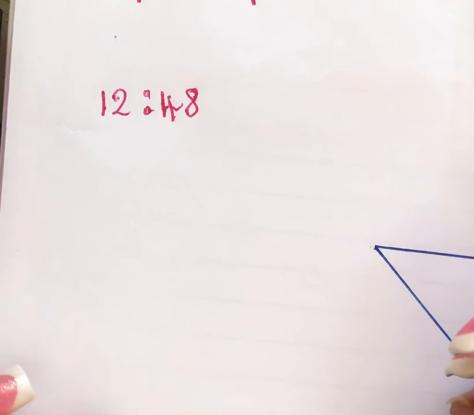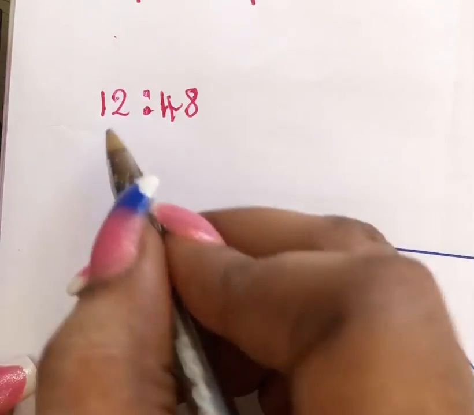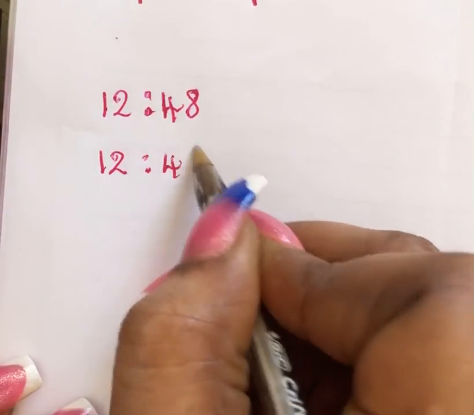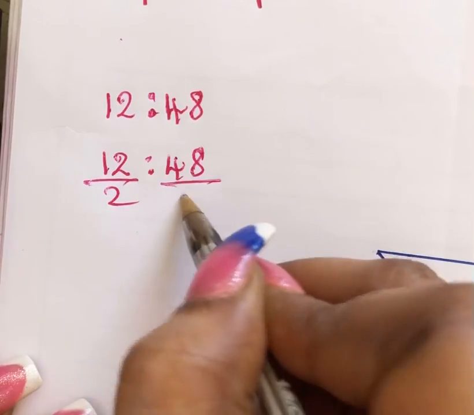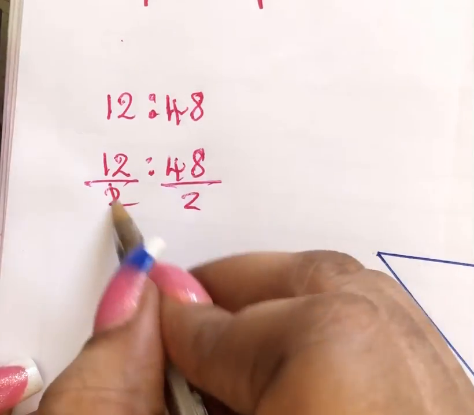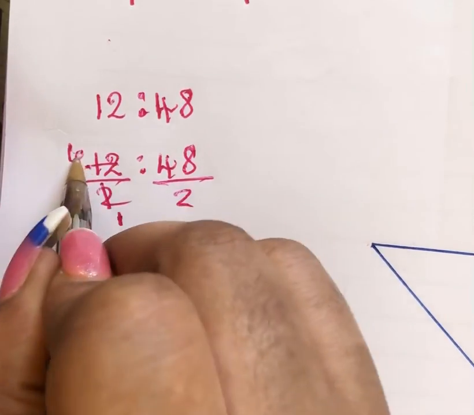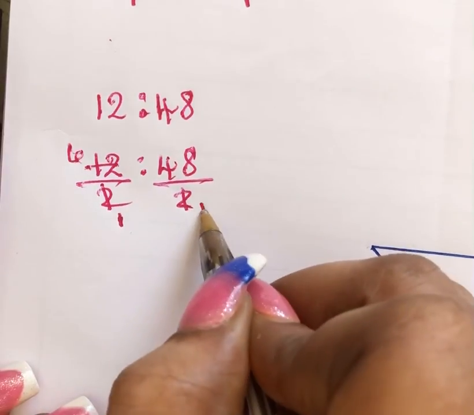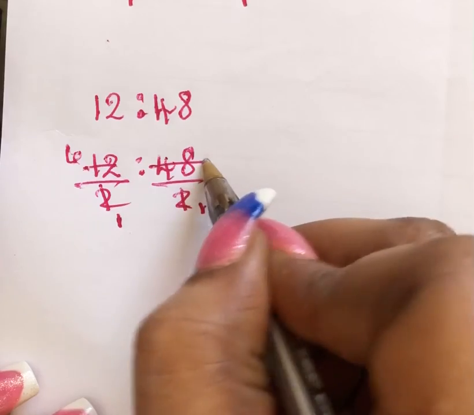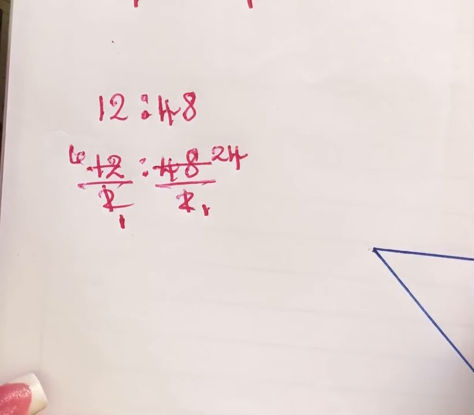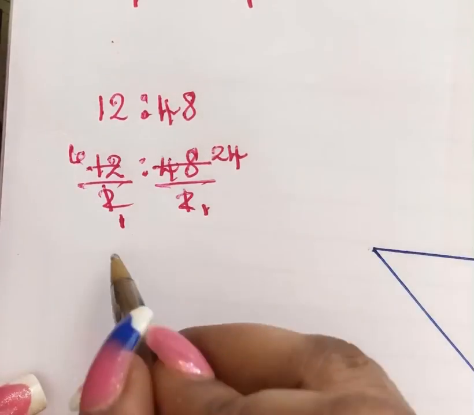Some students might say 2 is the greatest common factor. Let us look. I divide by 2. 2 goes into itself 1 time, it goes into 12 6 times. 2 goes into itself once, it goes into 48 24 times. Now I have 6 and 24.